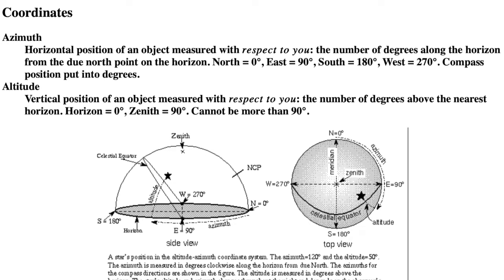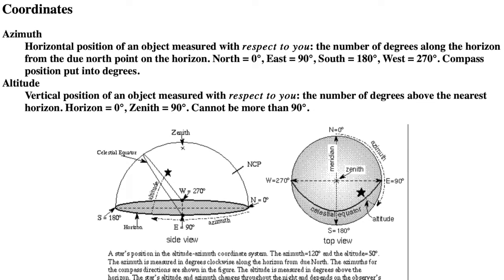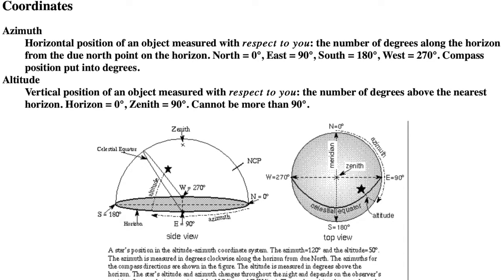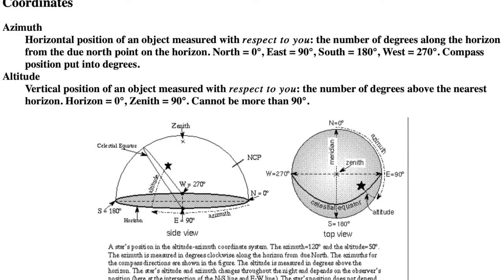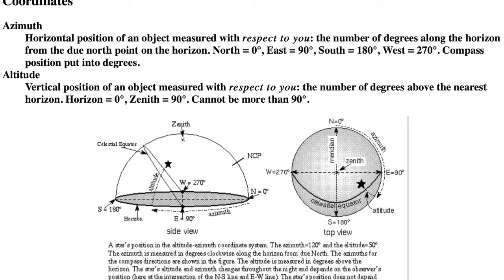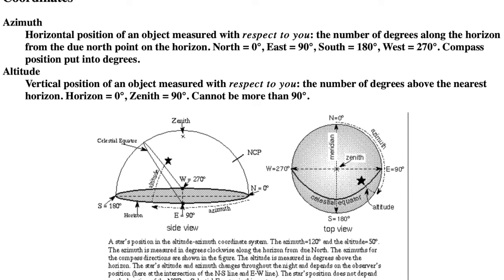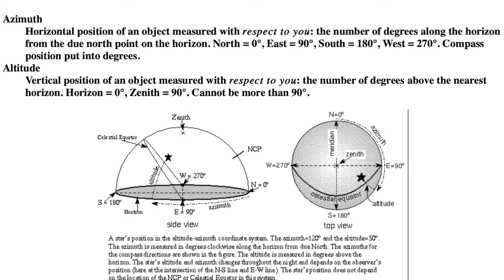Azimuth starts from exactly north equals 0 degrees azimuth and increases clockwise. Exactly east equals 90 degrees, exactly south equals 180 degrees, exactly west equals 270 degrees, and exactly north equals 360 degrees equals 0 degrees. For example, a star in the southwest would have an azimuth between 180 degrees and 270 degrees.